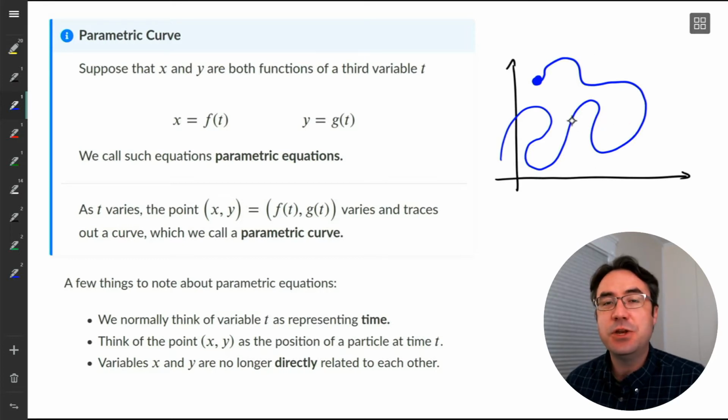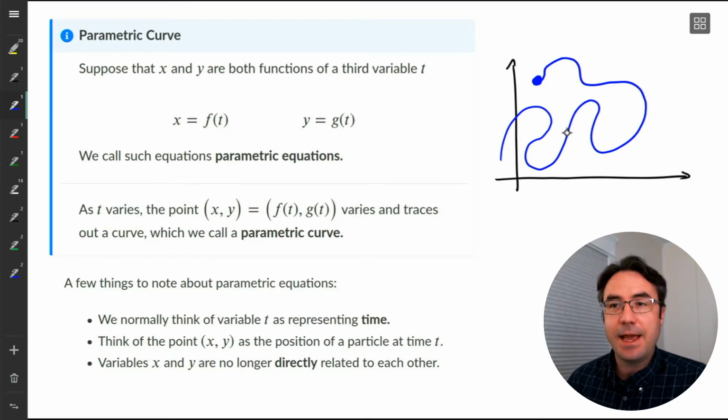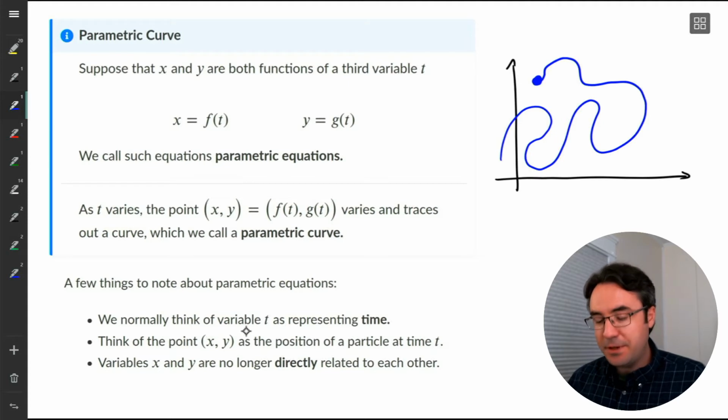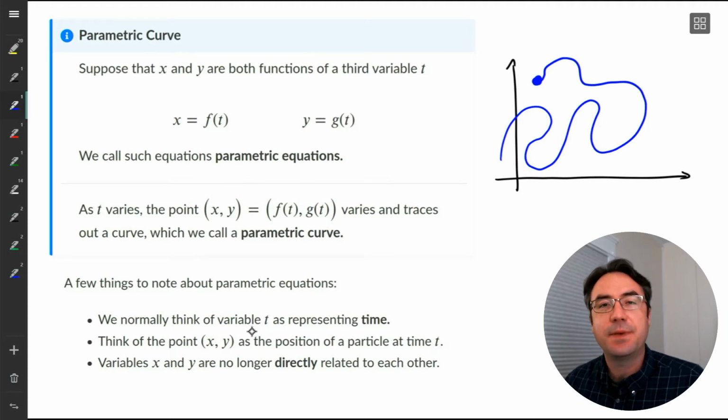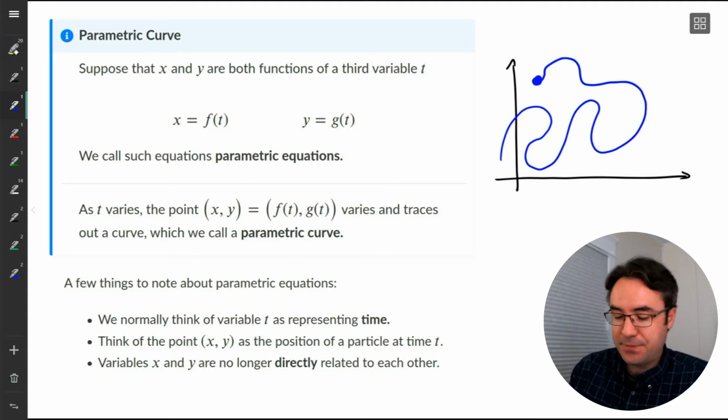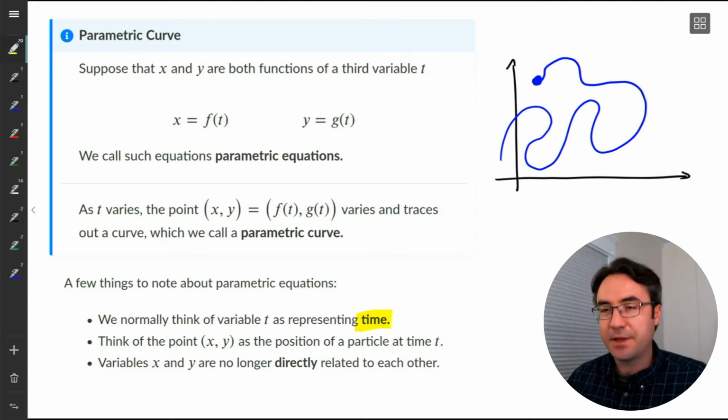So we get these new types of curves that we're going to be able to investigate. And the way you want to picture them, just a few notes here, is that we normally think of this variable t as representing time. So that's a key thing to think about.